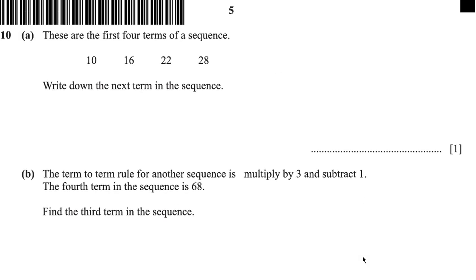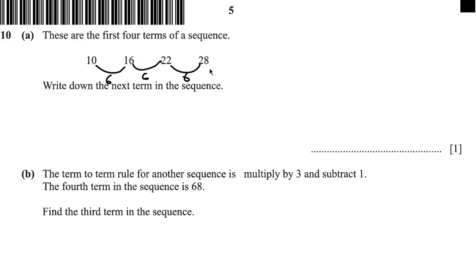Okay, next question says, these are the first 4 terms of a sequence. We have 10, 16, 22, 28. Write down the next term in the sequence. So you have to look closely at the sequence given to you, and you see that there's a constant difference of 6 between the terms. 10 plus 6 is 16. 16 plus 6 is 22. 22 plus 6 is 28. And that's a feature of the arithmetic sequence, right?